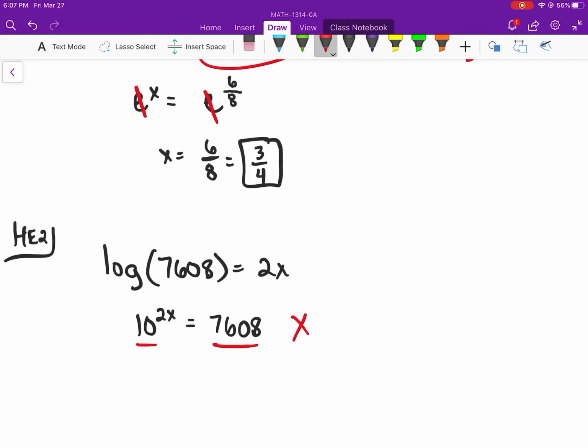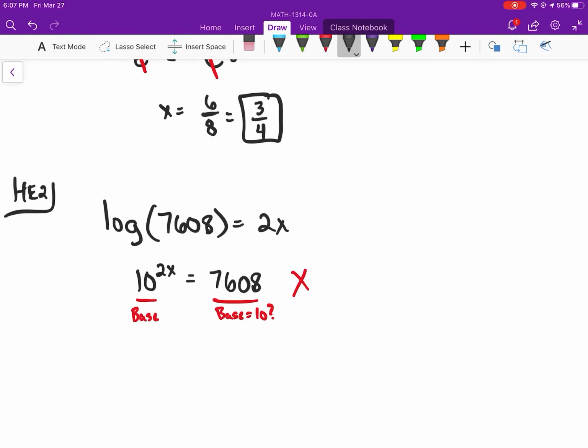All right, trying to determine a common base right here is going to be impossible, okay? Because this can't go any lower, and you can't get this base equaling 10. You just can't. Because 10 to a certain power is not going to get you 7,608, okay?